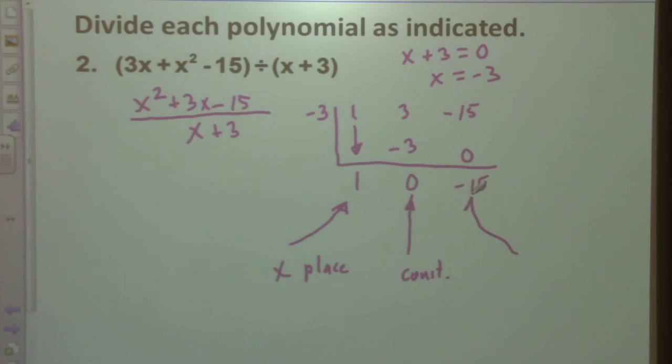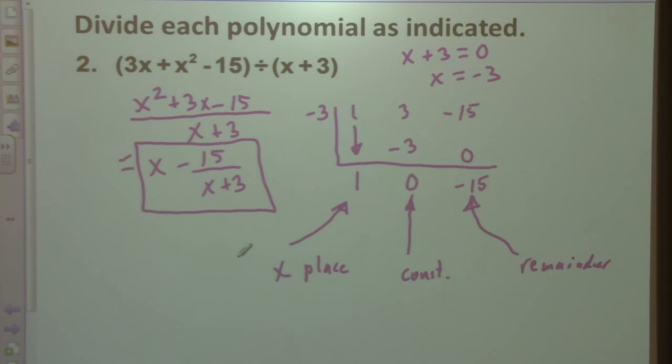And this one right here, that's our remainder. So our answer for this is going to be x, that's our quotient, plus 0, so we don't put anything, then minus 15 over x plus 3. So this would be like a summary statement for the problem.